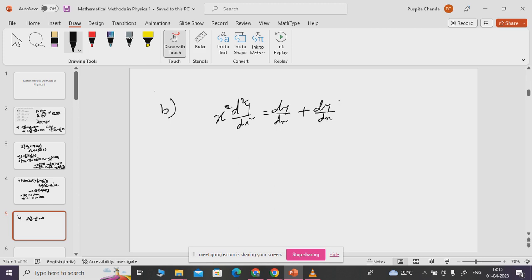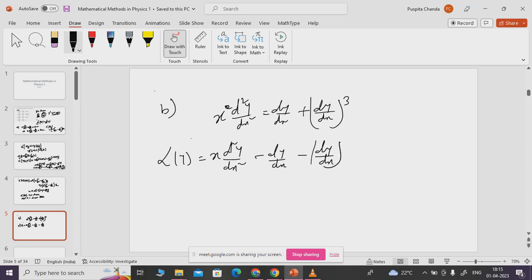The equation has (dy/dx) whole cube. So L y is x d2y/dx2 minus dy/dx minus (dy/dx) whole cube. Every term containing y should be on the left hand side or treated as operator.